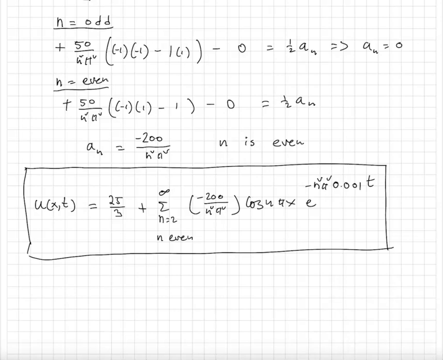Let's say if t is large, what happens at t is 200? Whatever the value of n, those terms will be very small, so we can neglect them.